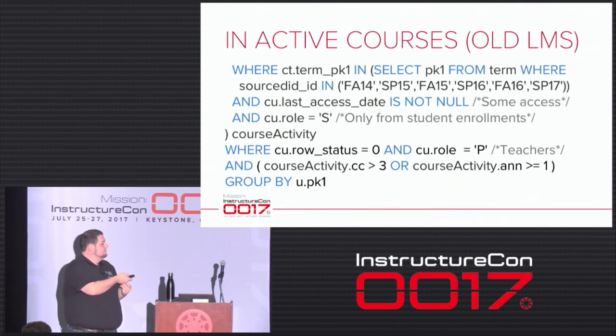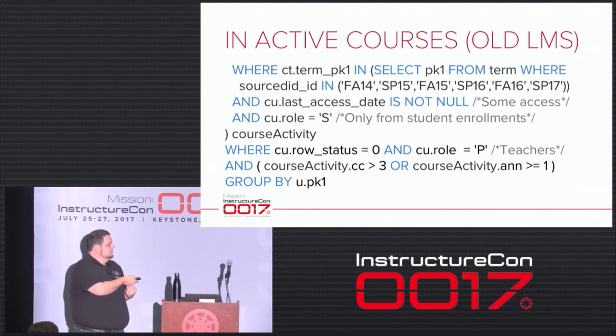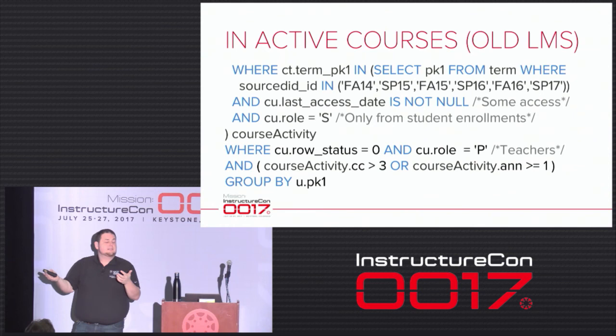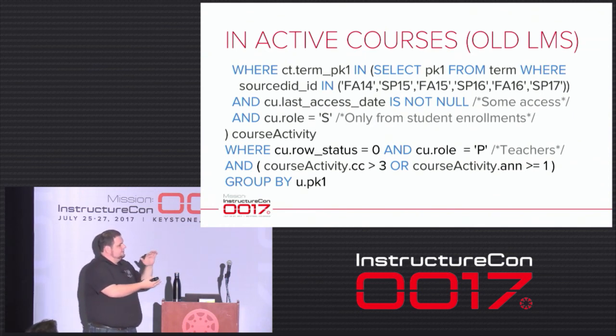And then I add, this works a little bit differently, because there's a field on the enrollment table in Blackboard, course users, last access date. So I add this as a where term to select only the records where there's been some student access, and call that course activity.